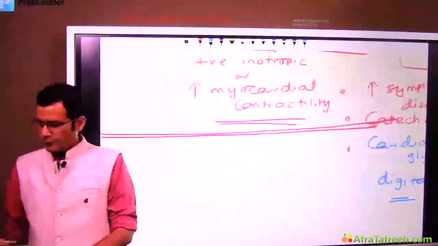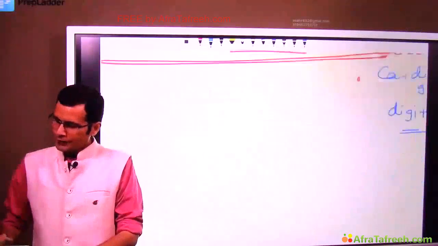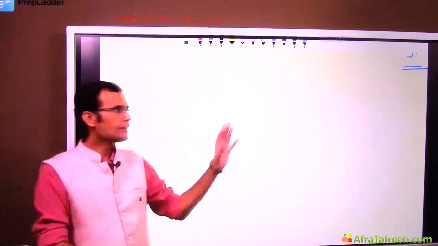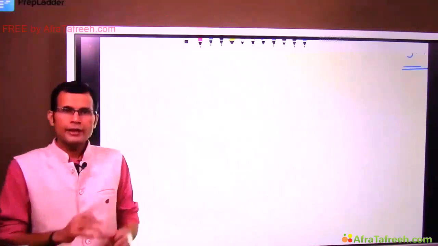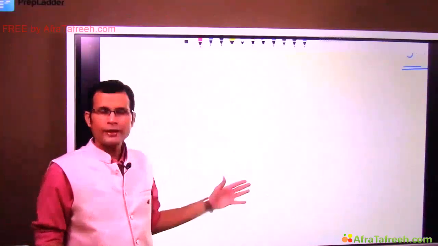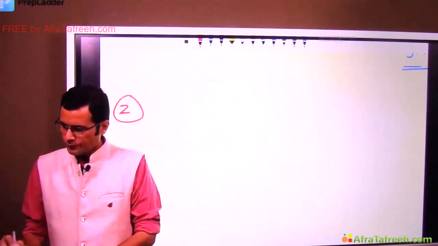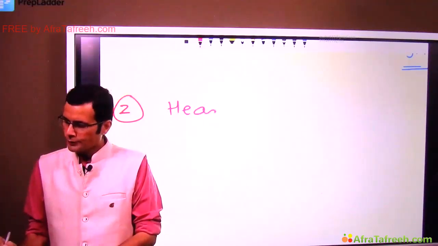Right. That was the first factor that determines the cardiac output, the stroke volume. We have seen it just now. The second factor that determines the cardiac output is the heart rate.